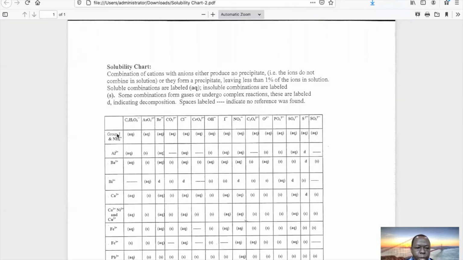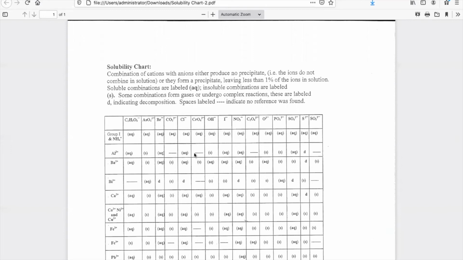So if you have cations on this side and you have anions or polyatomic ions, you combine the two, and wherever they intersect, you have either aqueous or solid.